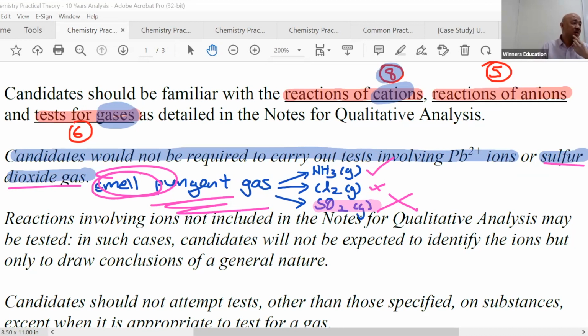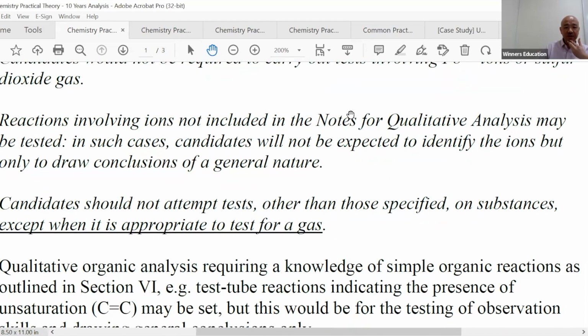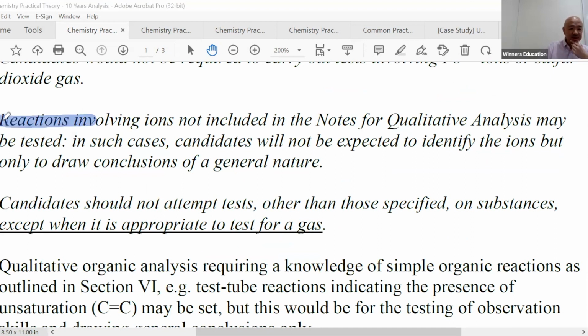Because I want to catch what SEAB provides for me, which is this page. So you minus, you know which are the ones. Here we go. Reactions involving ions not included in the QA. SEAB say reactions involving ions not included in the tables may also be tested.